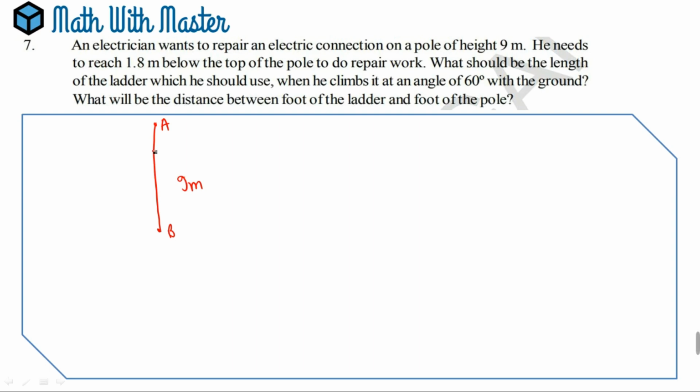The point where he wants to go is 1.8 meters less than the top of the pole. We will call this point C, and this part will become 9 minus 1.8, which is equal to 7.2 meters. So BC is 7.2 meters.